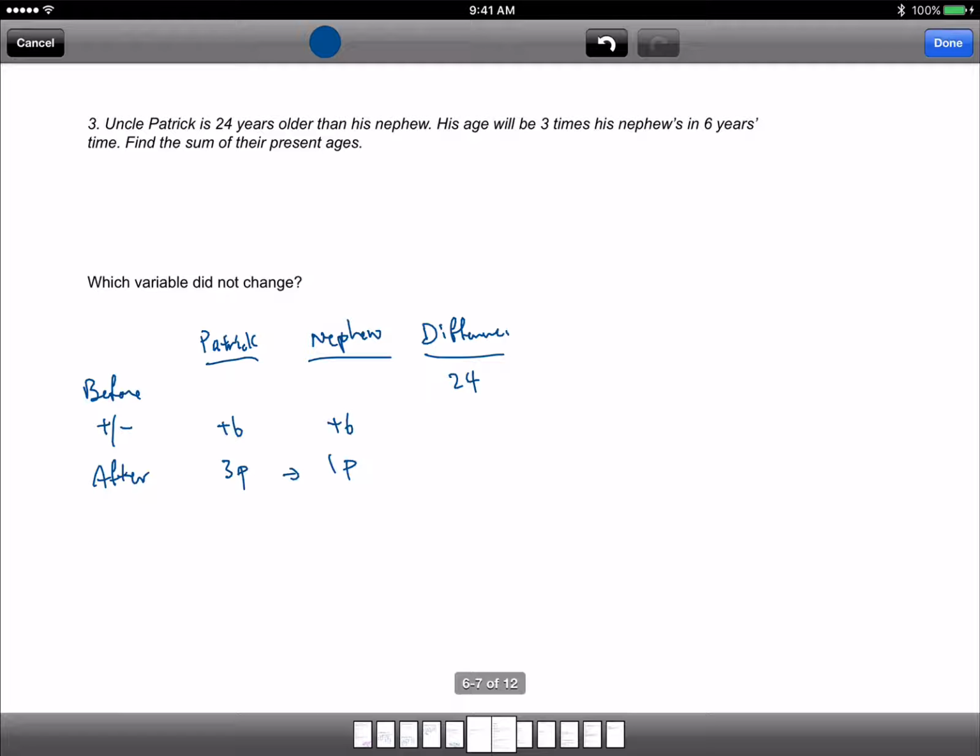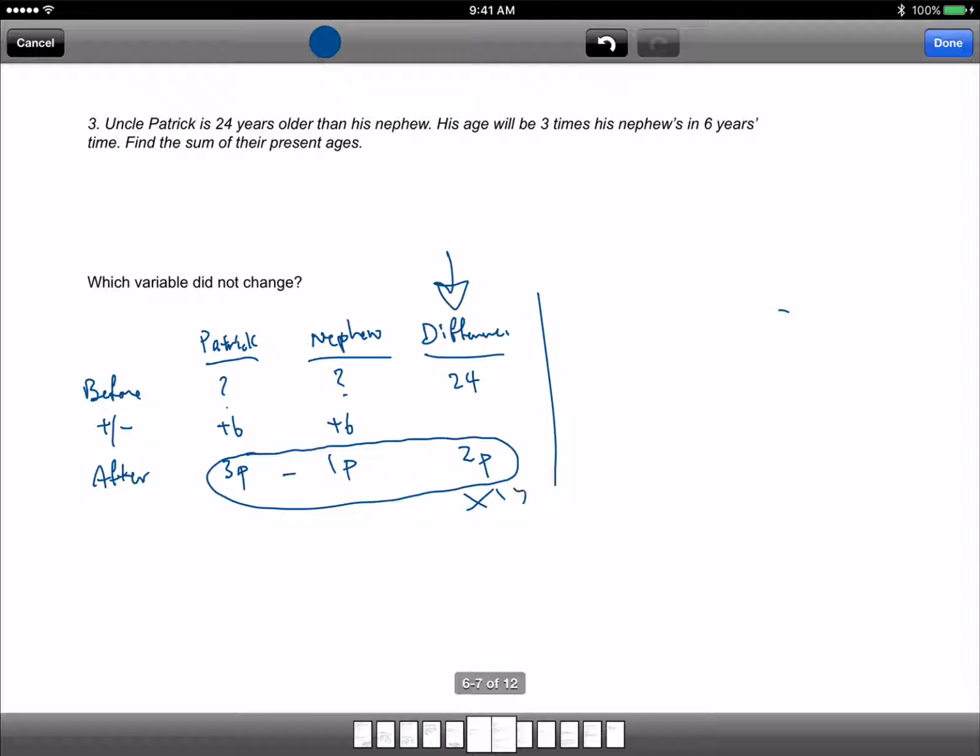So the difference between these two is 2 parts. So I do not know this, I do not know this, okay, but I know that the difference should be the same. So let's try to make the difference the same, which means that this whole row must multiply by 12, so that it will be equal to 24.